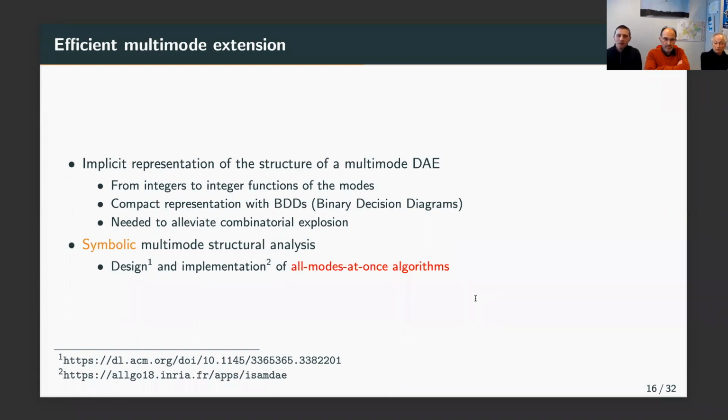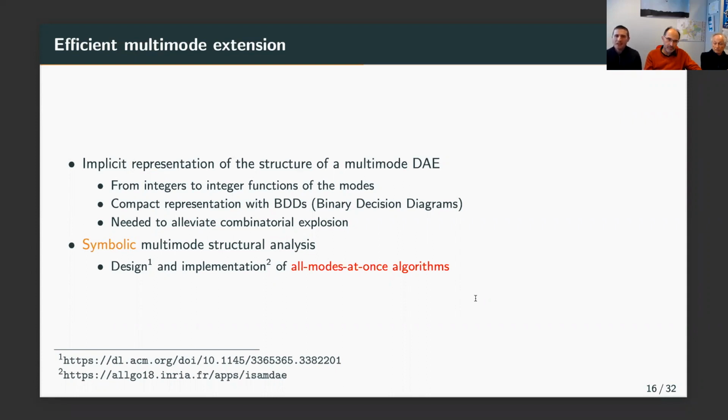And so we published an article, a proceeding for HSCC 20, that explains how the structural information of a multimode DAE is stored and how algorithms are designed on top in order to perform the structural analysis in this all modes at once fashion. This is something pretty lengthy to explain, so please excuse me for skipping this tough part.